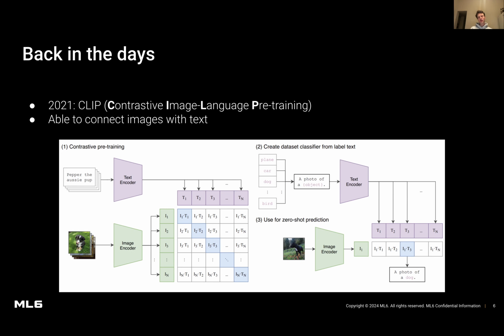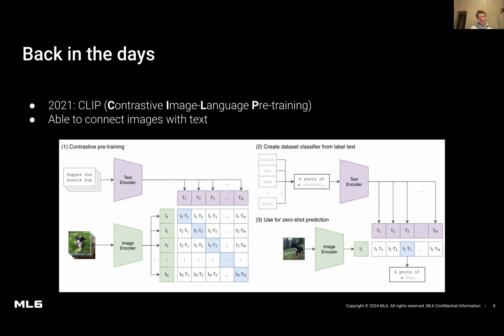And so the CLIP model itself is actually a fairly simple model because it just consists of two parts. There is a text encoder, which is a transformer-based neural network, and an image encoder which is also transformer-based.